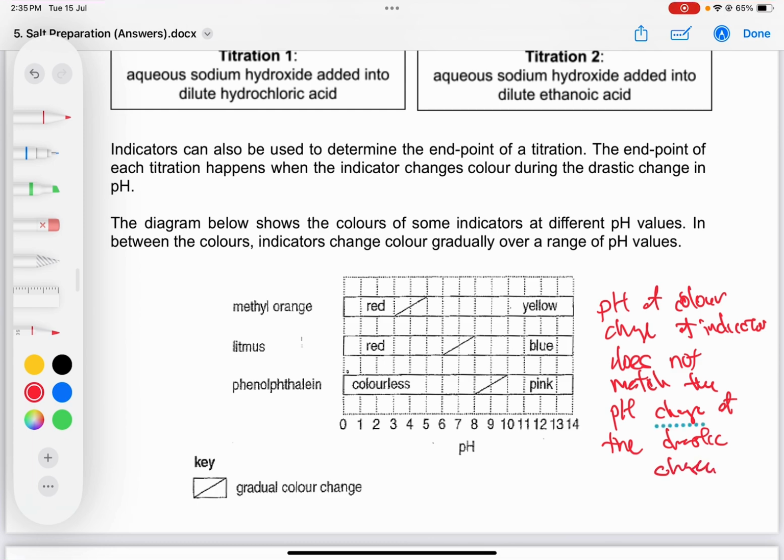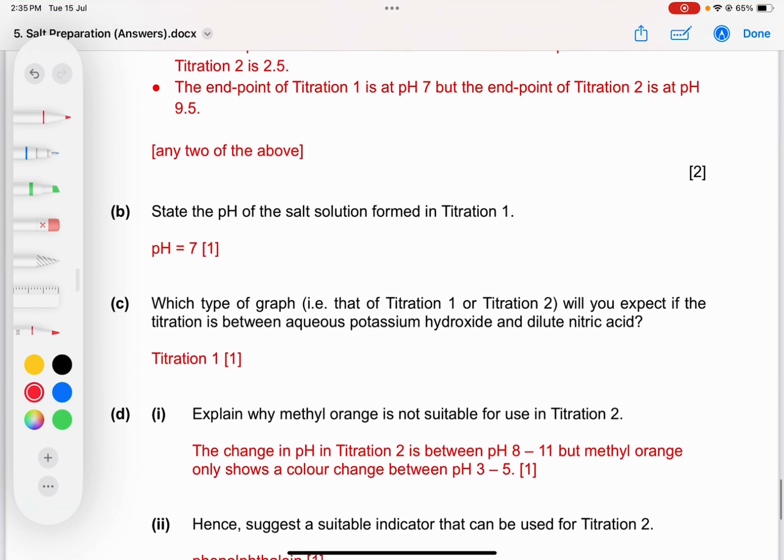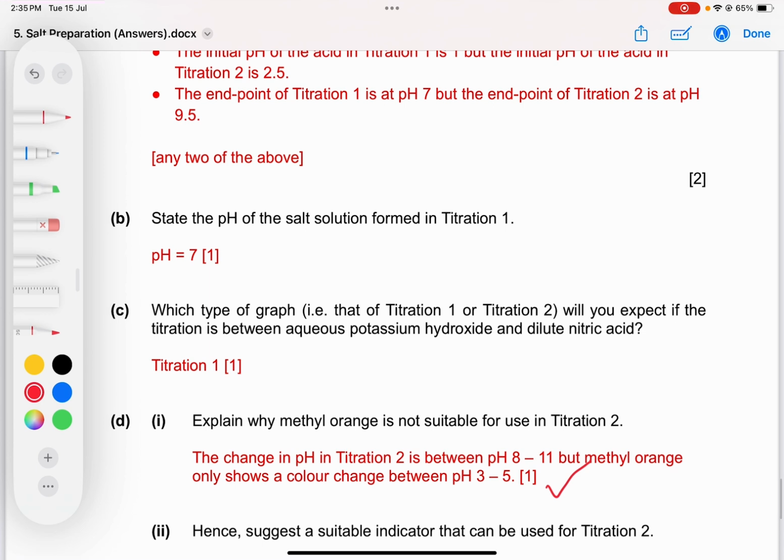Just take note of that, and hence this is the answer here. It's trying to match the change in pH of titration 2 together with the color change pH as well. Okay, now name a suitable indicator that can be used for titration 2.